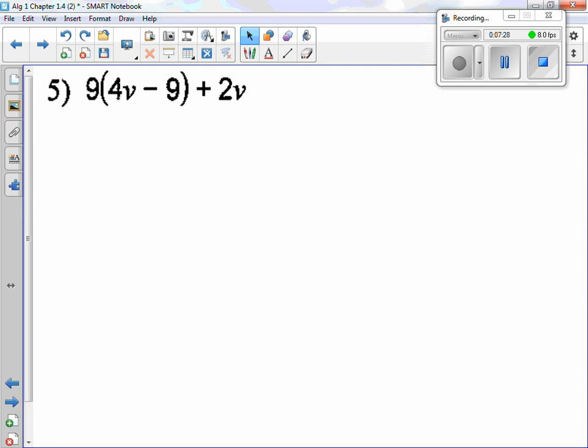So combine those. So 36v plus 2v? So we would just really look at 36 plus 2, which is? 38. Minus 31. That's it. Give this one a try.